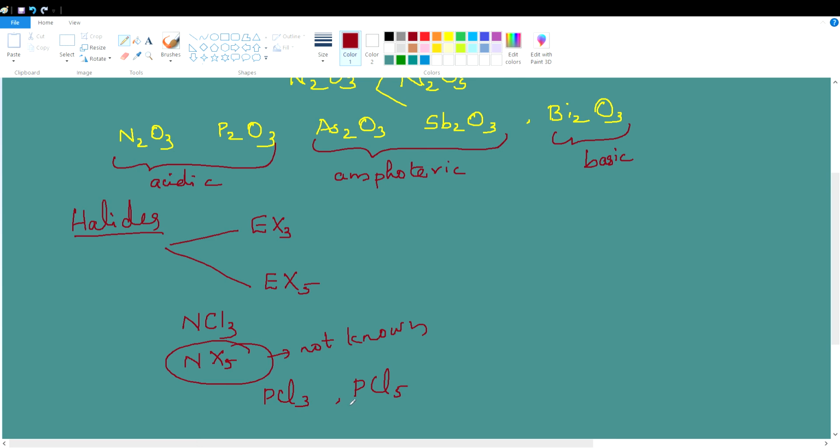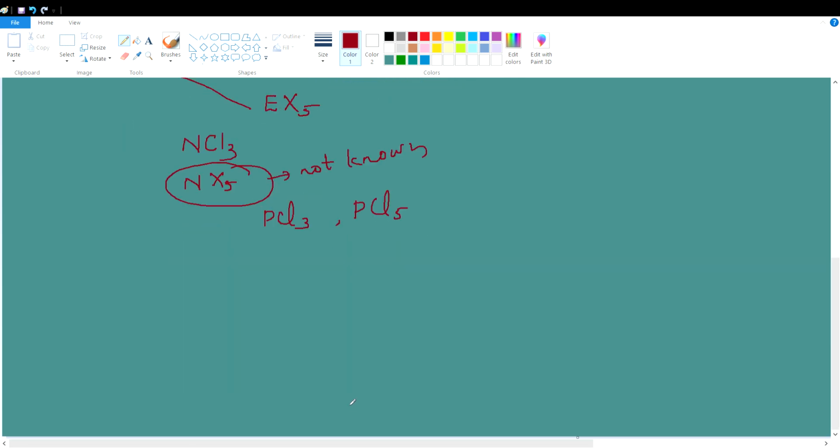When we compare the covalent character of these halides, pentahalides are more covalent than trihalides because in pentahalides the oxidation state of phosphorus is +5. In trihalide the oxidation state is +3. We have a rule to compare covalent character, that is Fajan's rule.